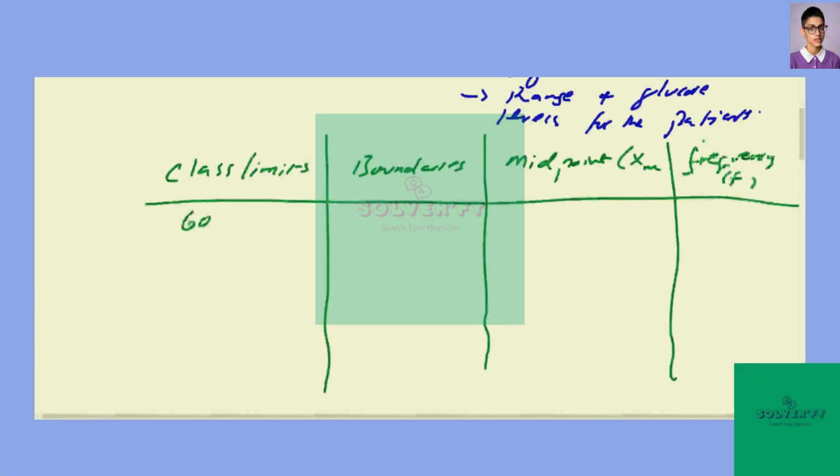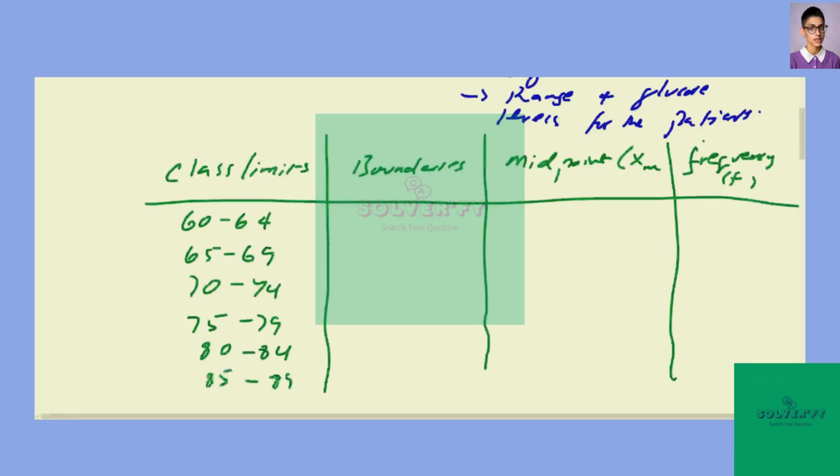So just like before, we're going to have all these class limits that we mentioned earlier. And we have to highlight the results of the boundaries, and there's a formula to that. For example, if we want to get the lower bound, we're simply going to take the lower limit, which in the first case is 60, and then you subtract 0.5.